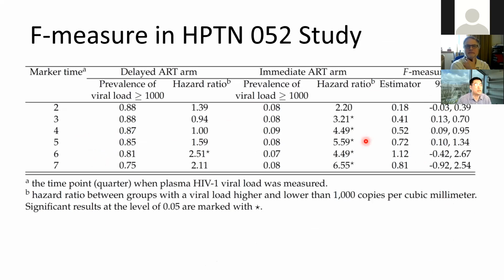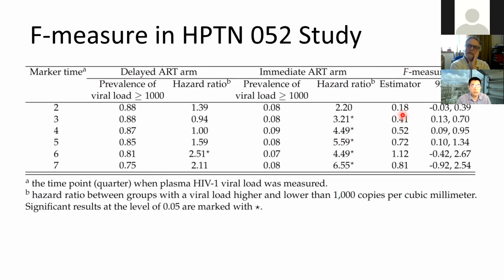So for the F measure for the HPTN-052 study, this is a table to show, at different landmark times, year 2, 3, 4, 5, 6, 7, what is going on in the delayed arm and in the immediate arm in terms of the prevalence of viral loads more than 1,000 copies among HIV-infected partners, and how the F measure would be calculated.